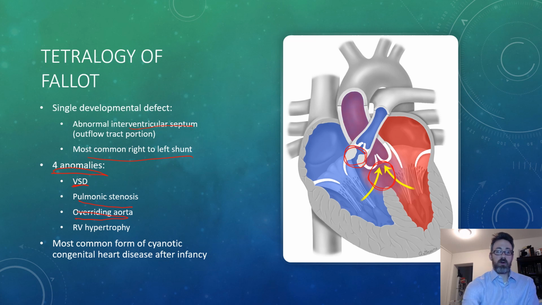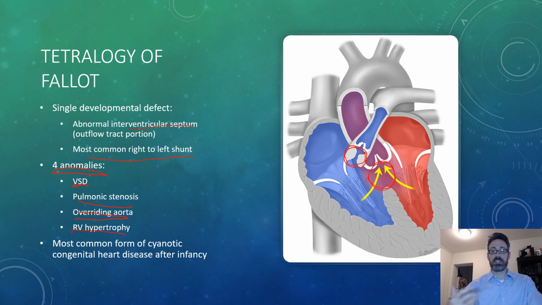And then you have right ventricular hypertrophy. So these are your four characteristics of Tetralogy of Fallot: ventricular septal defect, so there's communication, an overriding aorta, pulmonary stenosis, and right ventricular hypertrophy. If I have pulmonary stenosis, that means I'm not moving blood into that high resistance area as easily, which means I'm assisting the left side of the heart in pumping blood mostly into the aorta.